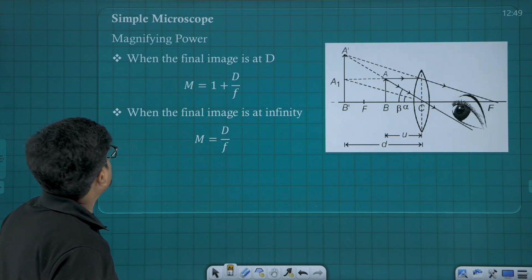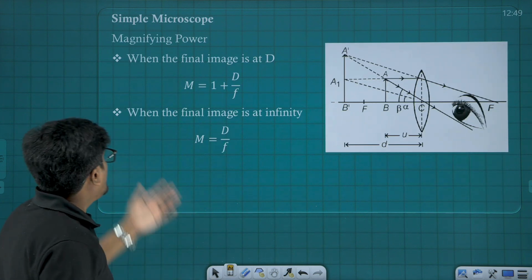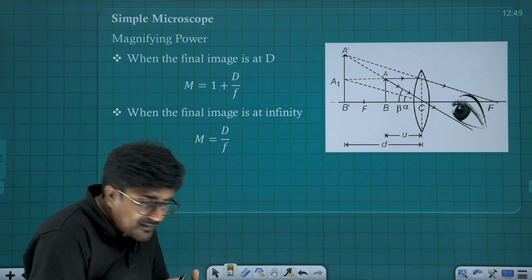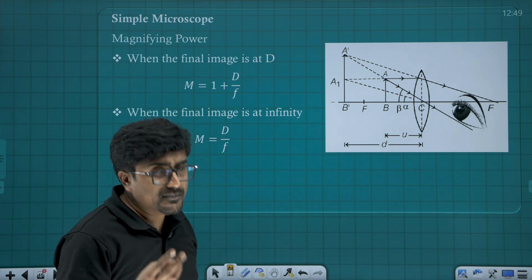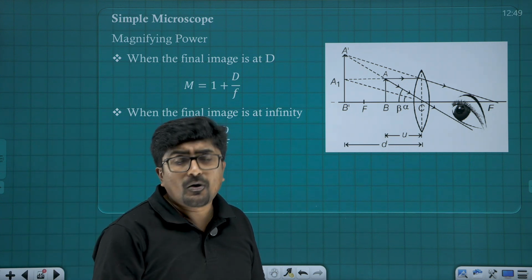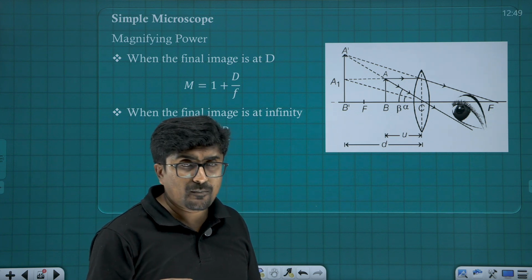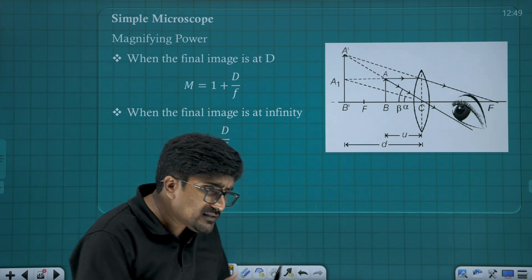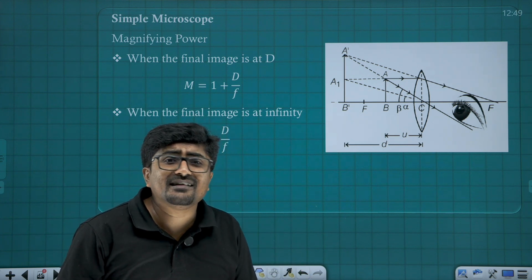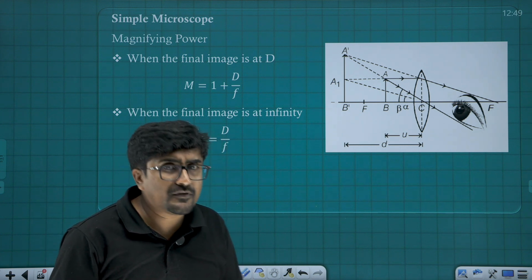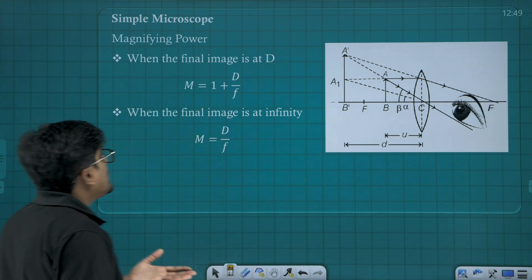Alright. Moving to the next, that is the simple microscope. In the case of optical instruments, we are having the simple microscope, then the compound microscope as well as the telescope. In all these three cases, we are basically discussing the magnification, or magnifying power.